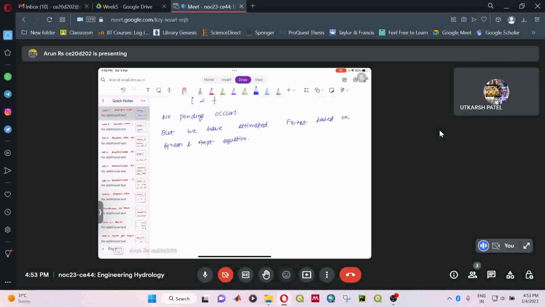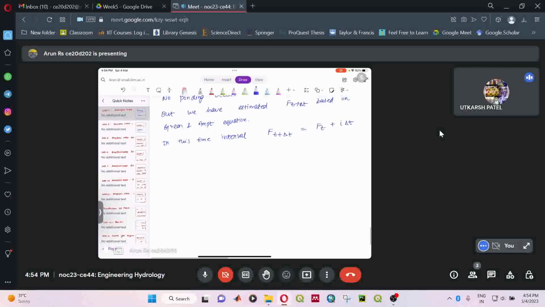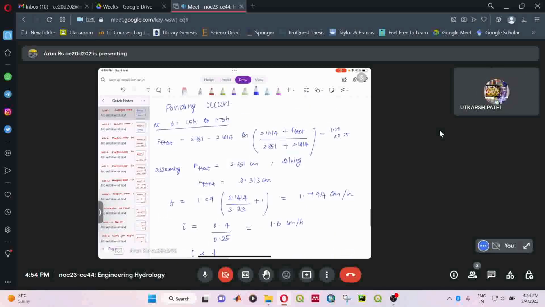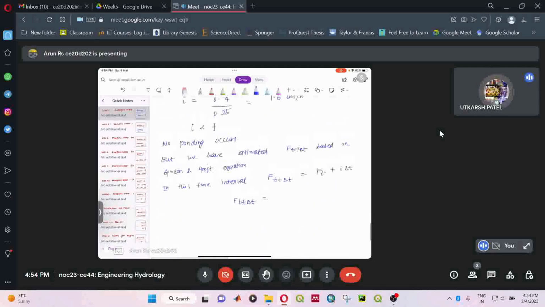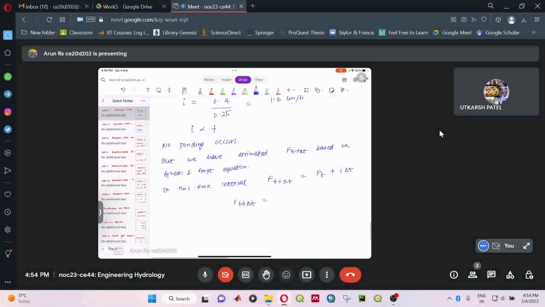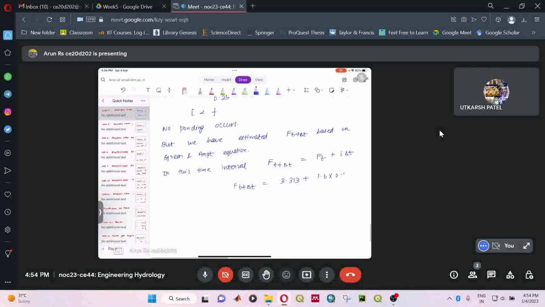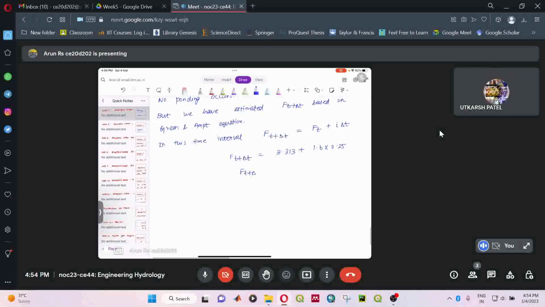What we have to do is, in this time step, F(t+Δt) is given by F(t) from the previous time step plus i into Δt. Understood? So F(t+Δt) will be equal to 3.313 plus 1.6 into 0.25, so F(t+Δt) equals 3.913 centimeters.